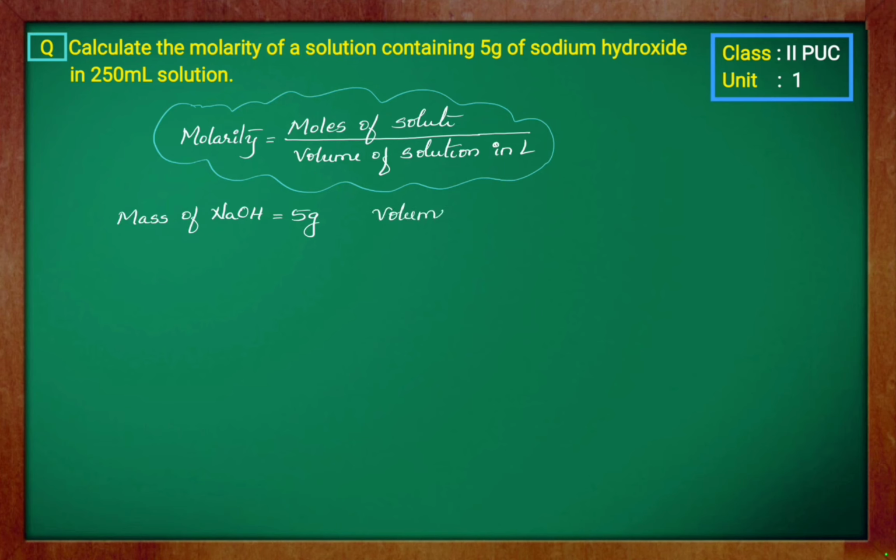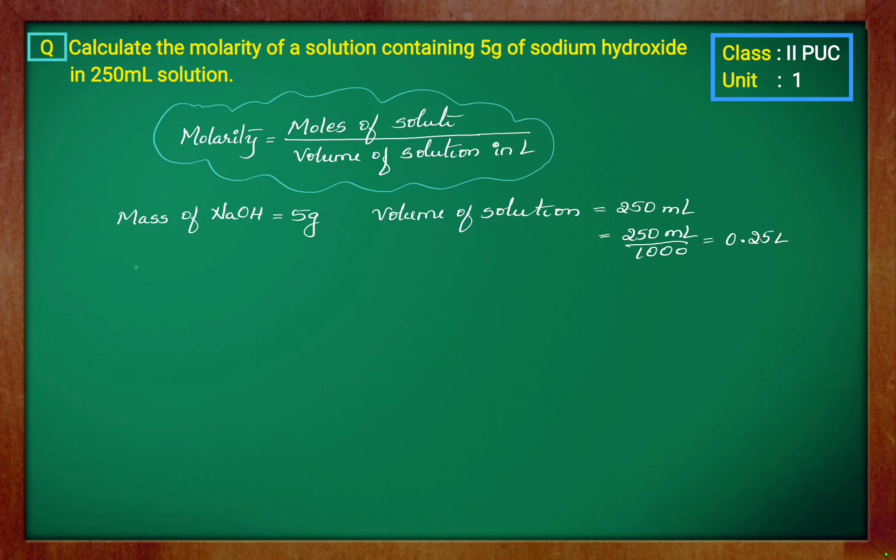So it is volume of solution given to us, that is 250 milliliters. Now this volume of solution should be in liters to substitute into the formula for molarity. So dividing this by 1000, we will get the volume in terms of liters. So that is 0.25 liters.